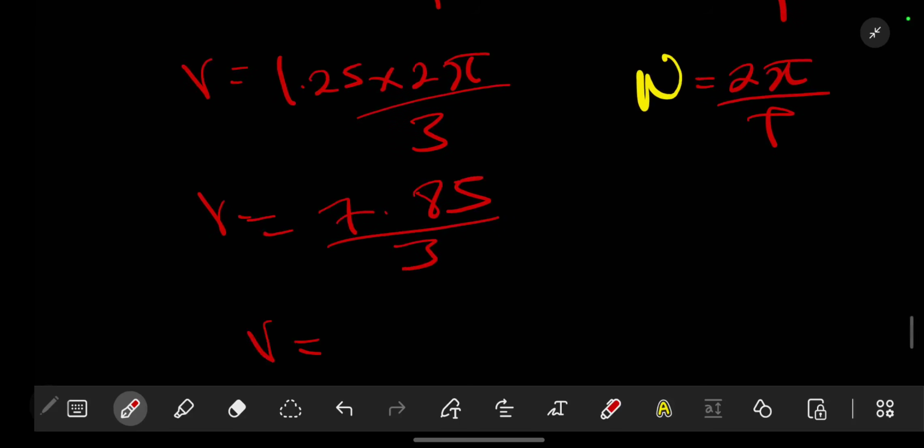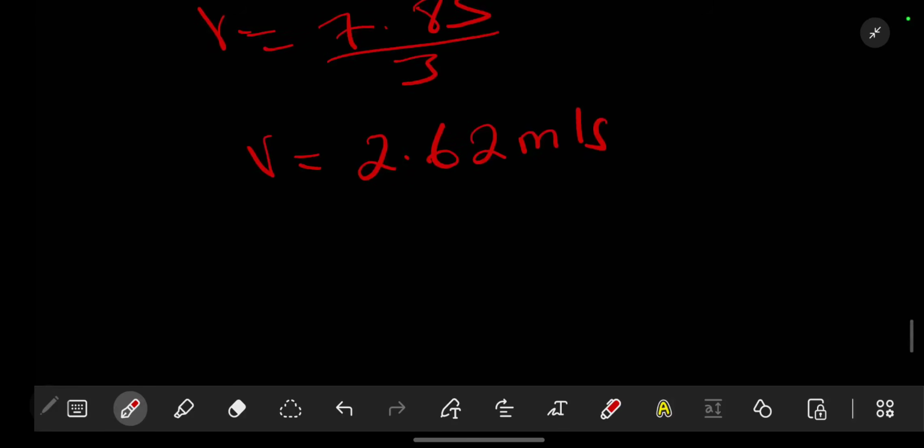So the velocity will be equal to, when we divide 7.85 by 3, a value of 2.62 meters per second. So this is our speed.